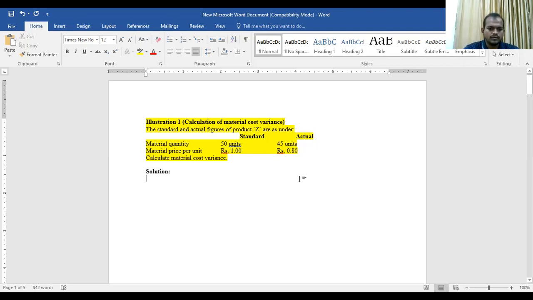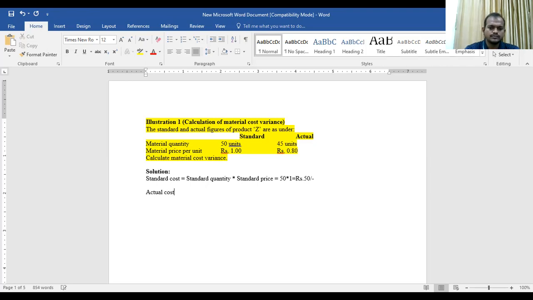First of all, we'll figure out how much is the standard cost and how much is the actual cost. Standard cost: standard quantity into standard price is equal to 50 units into 1, rupees 50 is the standard cost.